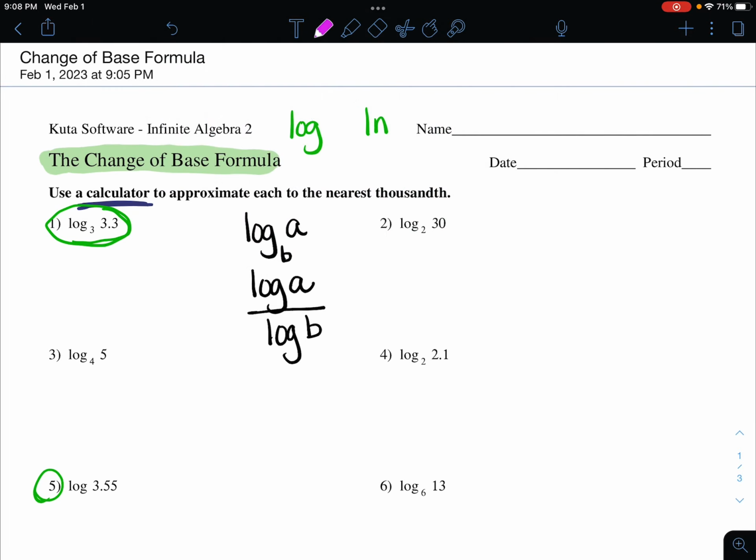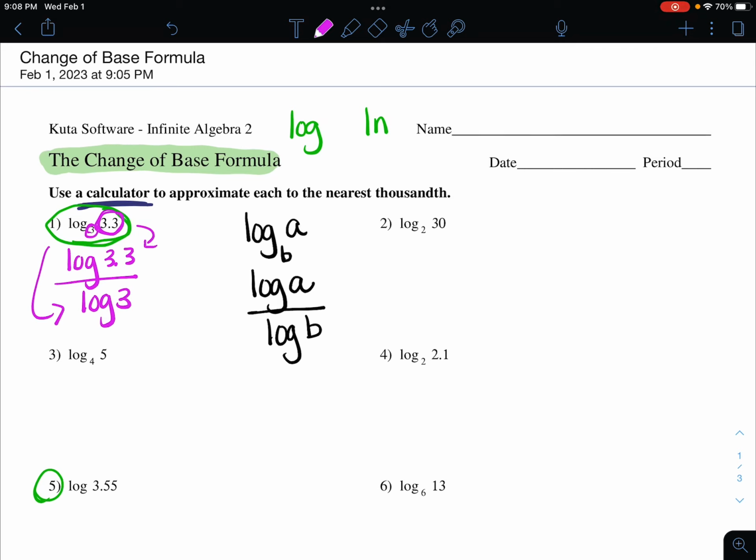Obviously I can't show you my calculator face right now, but this is what I'm going to type in to do number 1. In my calculator, I'm going to use the fraction button and do the log of 3.3, just hit the log key, and then the log of 3, because what I'm taking the log of is on the top and my base is on the bottom.